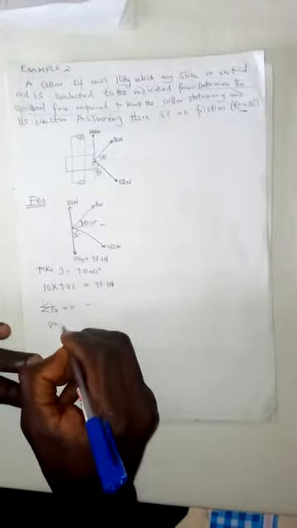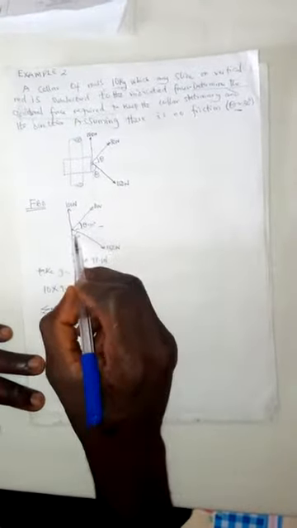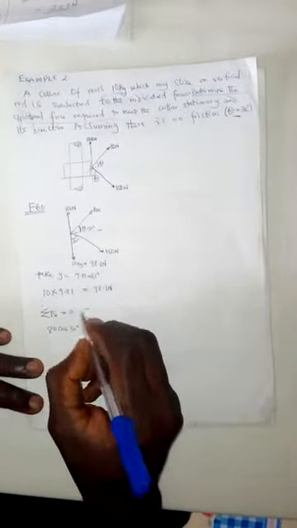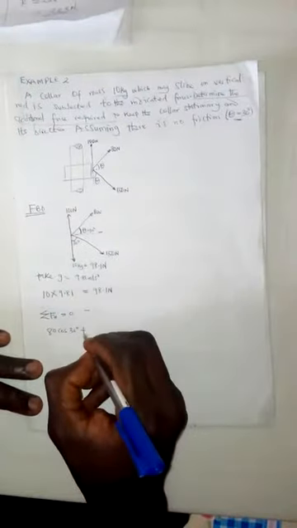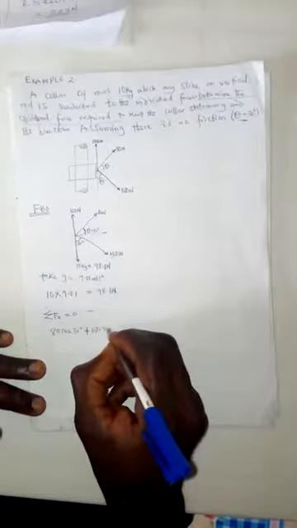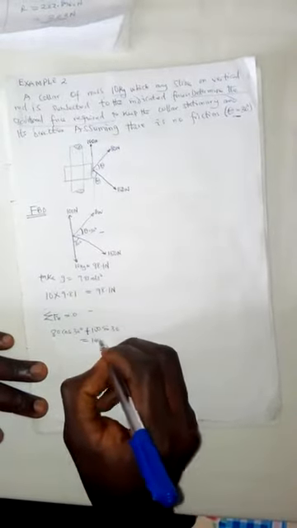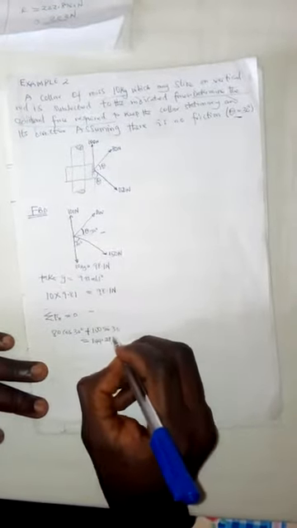This 80 is going to be 80 cos 30 degrees, and this angle is inclined to the vertical. That means it's not going to be cos here, it's going to be sine, and this is acting in a positive direction. It's going to be 150 sine 30. If you press the calculator, it gives us 144.28 Newton. That's for the horizontal component.